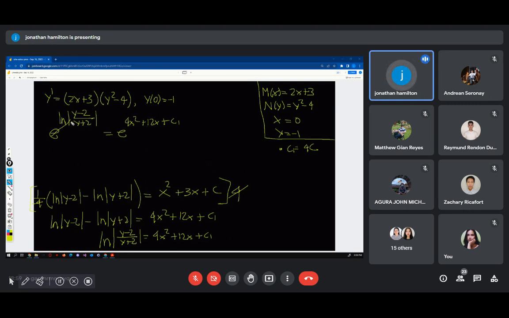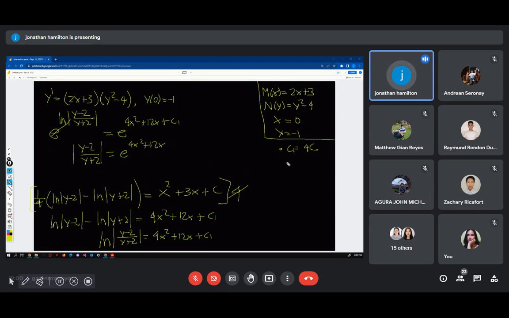So again, e raised to ln, we can cancel this. So we could say this is the absolute value of y minus 2 over y plus 2 is equal to e raised to 4x squared plus 12x.